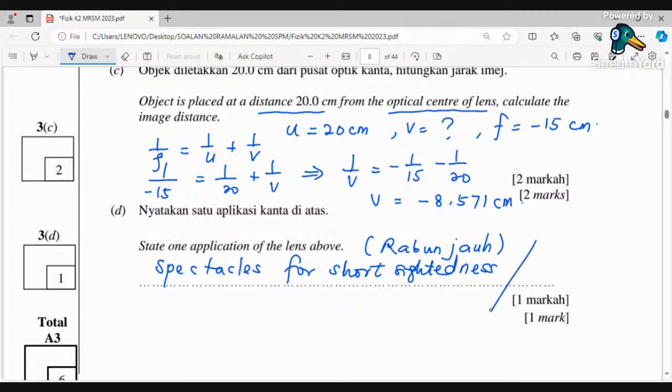Okay, lagi apa? Okay, kita boleh guna untuk smartphone camera, wide angle photography, binocular, banyaklah yang boleh bagi.